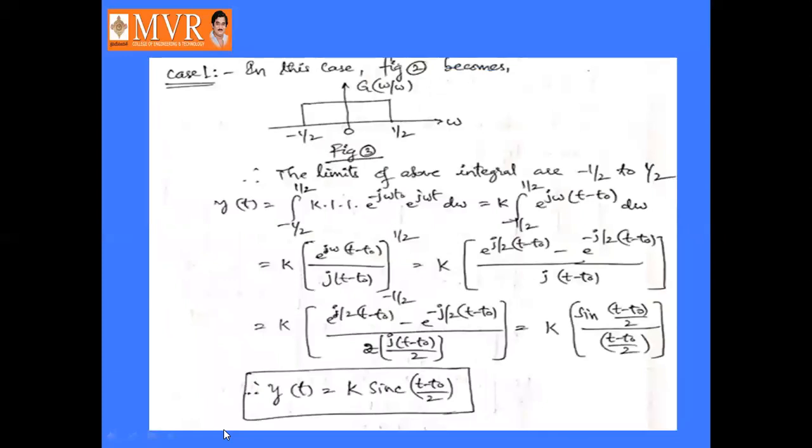Suppose case 1. In case 1, equation number 2 becomes, omega is 1, so the limits of the above integral are minus 1 by 2 to plus 1 by 2.